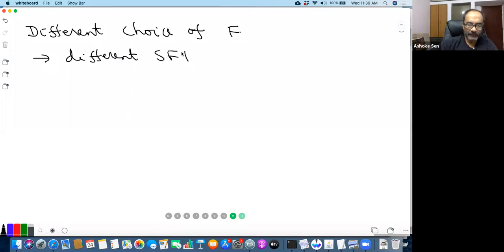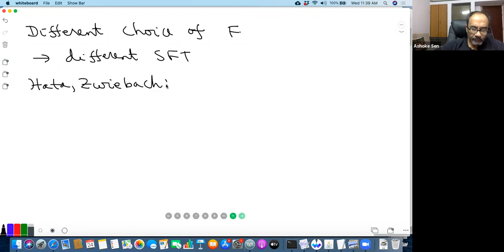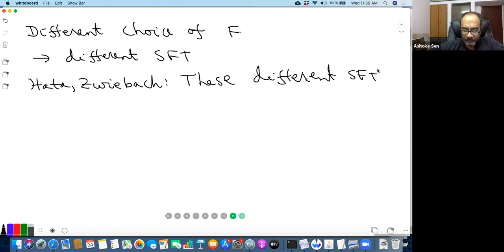Okay, so then you may wonder which one should you use? But there is a general result that was due to Hata and Zwiebach, in the early days, in the 90s, which showed that these different choices, these different SFTs, are related by field redefinition.